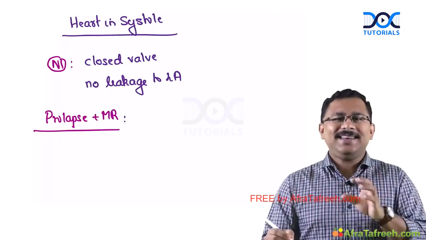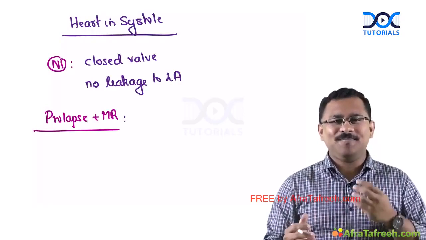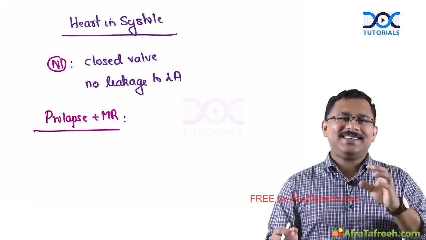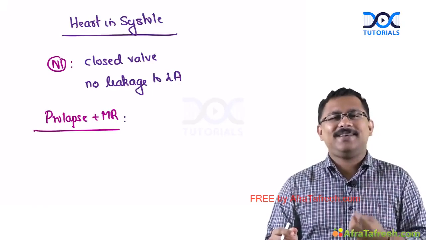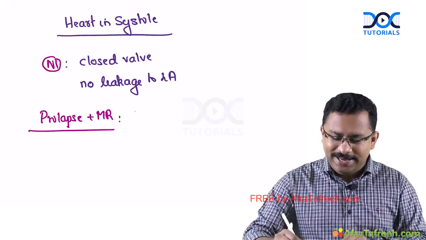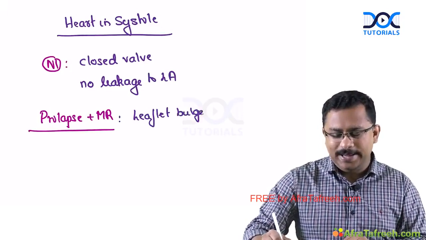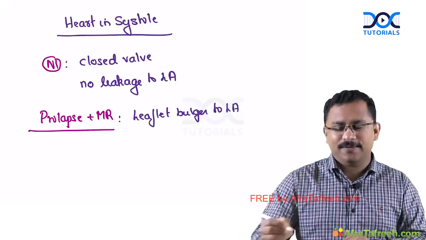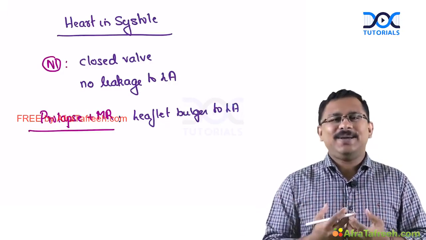In this state, the valve does not close completely, and there is a bulging of a part of the leaflet back into the left atrium.